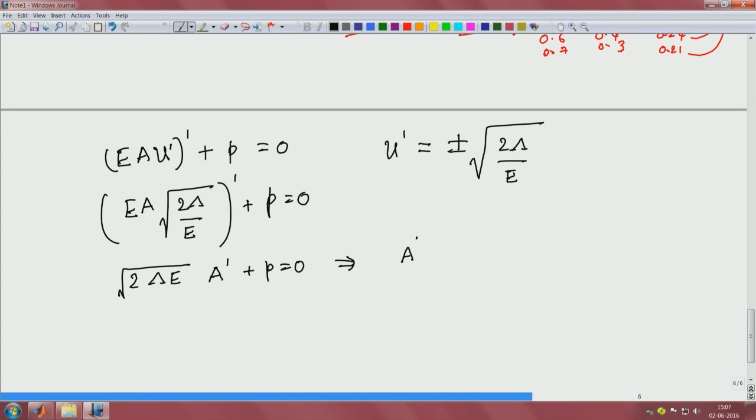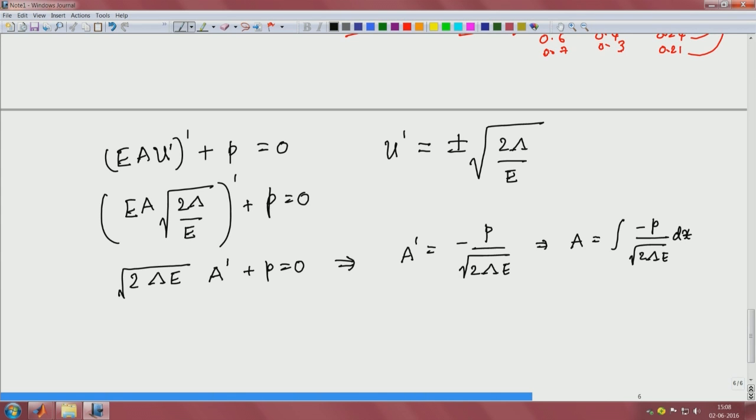So I can write a prime is minus p into square root of 2 lambda over e, and I can integrate to get a, which is integral of minus p by square root of 2 lambda e, actually not definite, indefinite integral here, dx, okay, because a is a function, right.